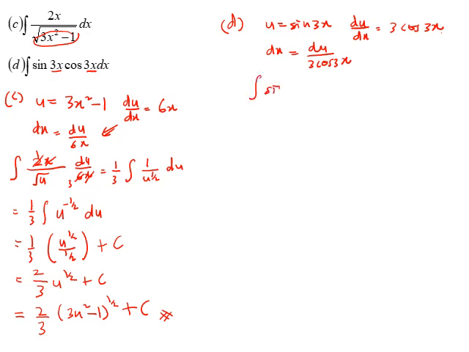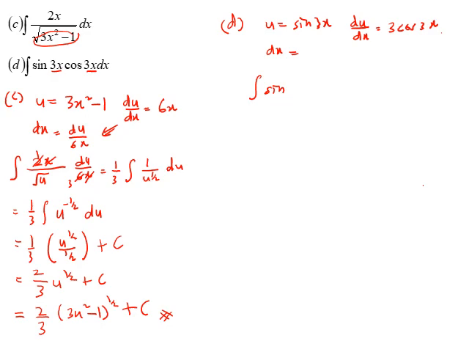Let me check again: u is sine 3x, and du over dx will be 3 cos 3x.